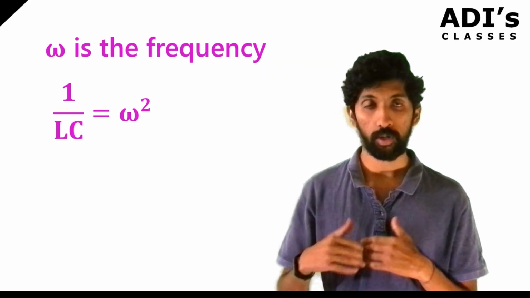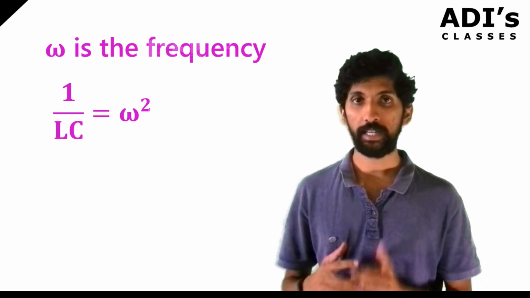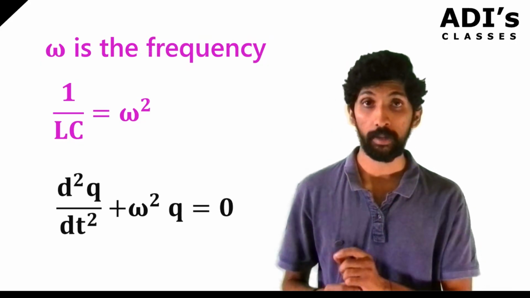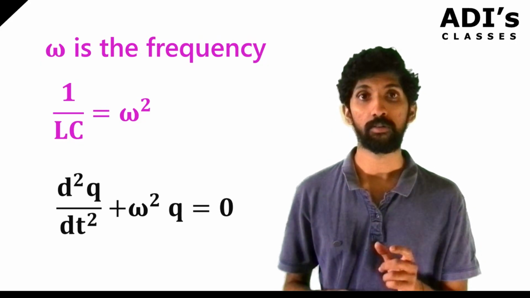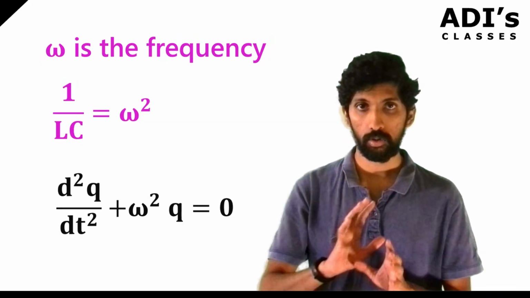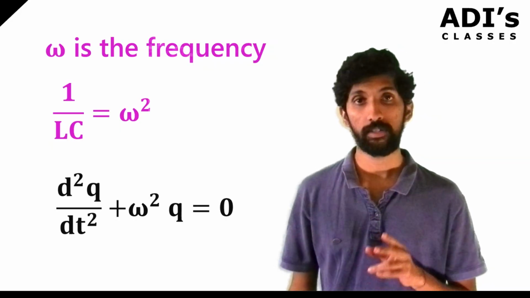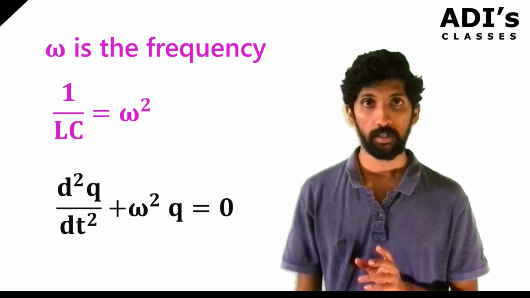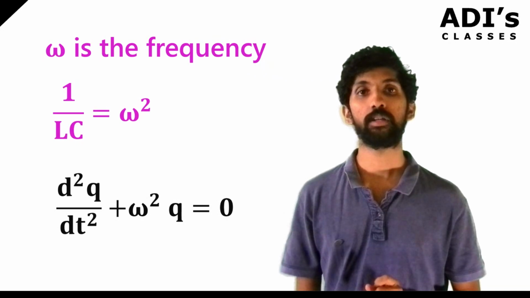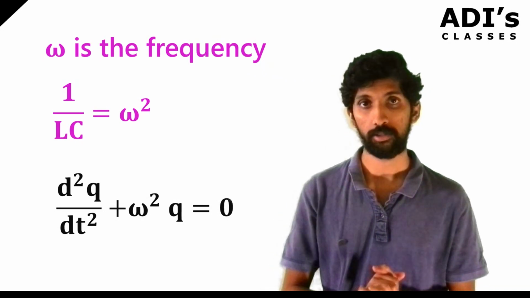So the equation becomes d square q by dt square plus omega square q is equal to 0. So far understood? So what we got is a second order differential equation, and we need to solve it to get the particular solution.